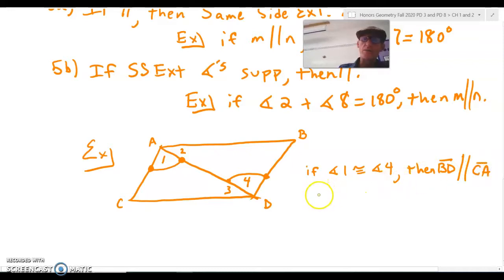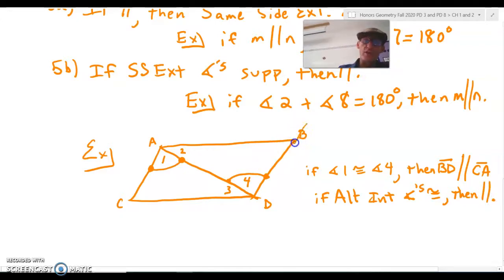Okay, because if the alternate interior angles congruent, then the lines are parallel. So these two lines here from this transversal.